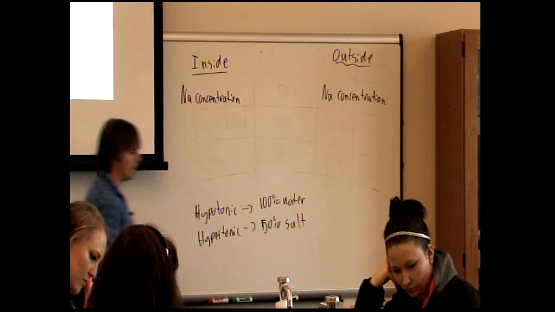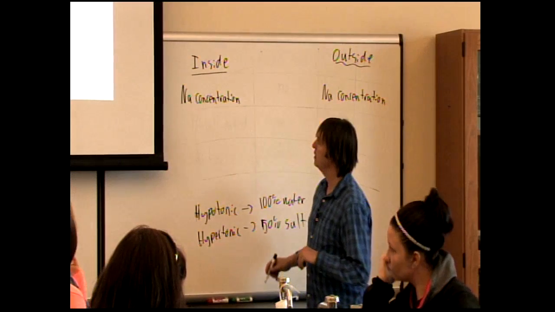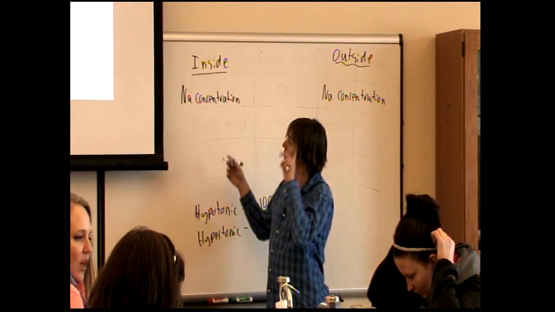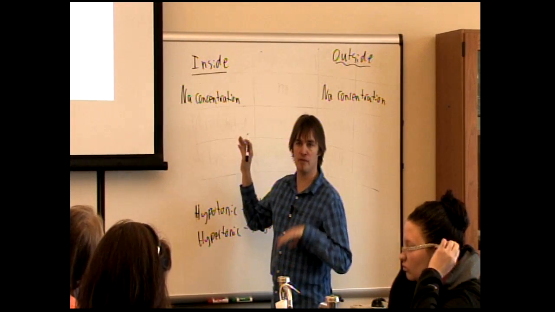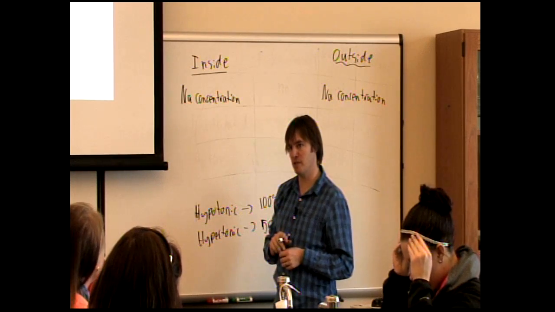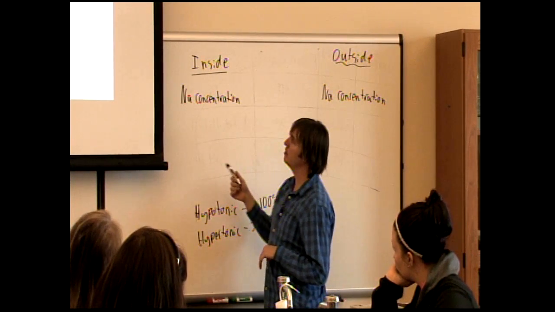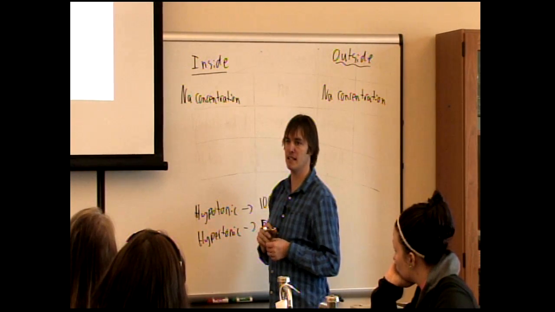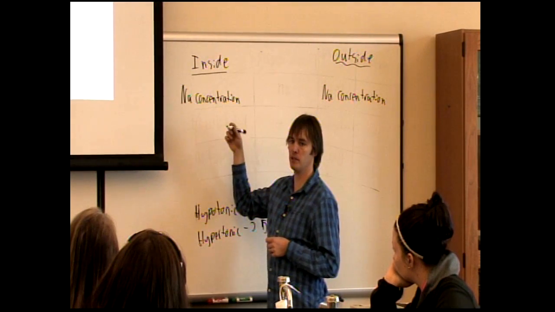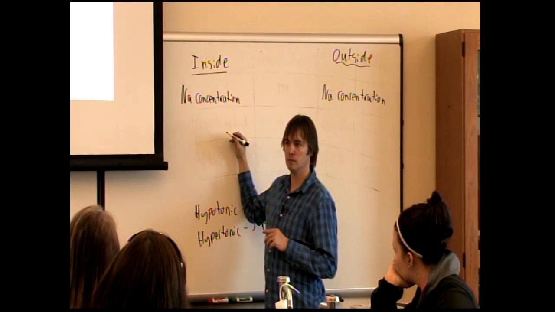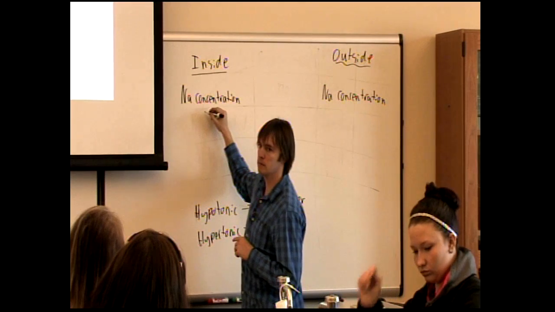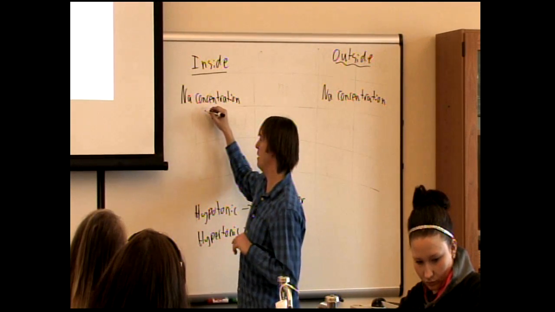So let's go ahead and show you how to do this one. The first step you do is find out the concentration of the solute in both places. So how would you figure out inside the cell? Concentration of sodium. Pair up the water molecule with the salt, you could think of it that way.